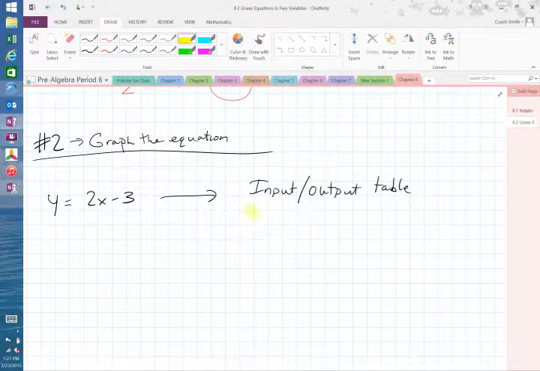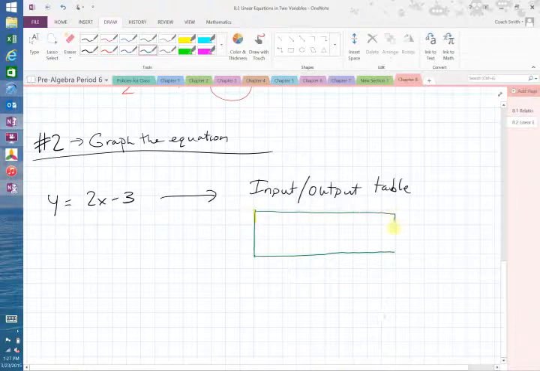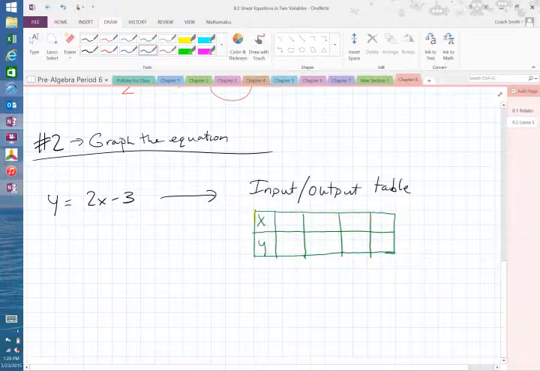So what they want you to do is this. I'm going to make an input-output table. And I'm going to put four values, 1, 2, 3, 4. I'm going to put 4 values on this table.